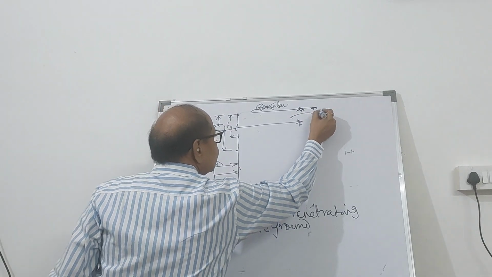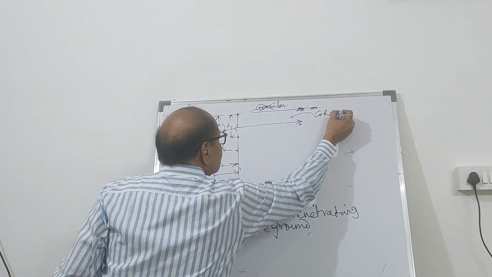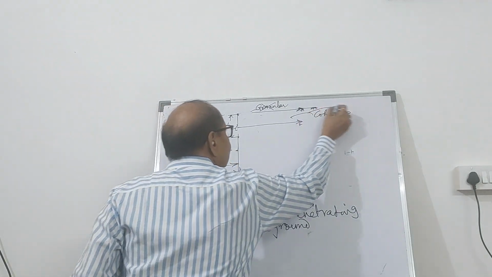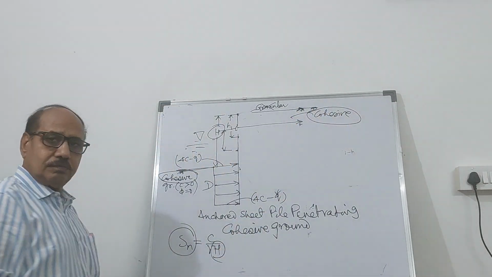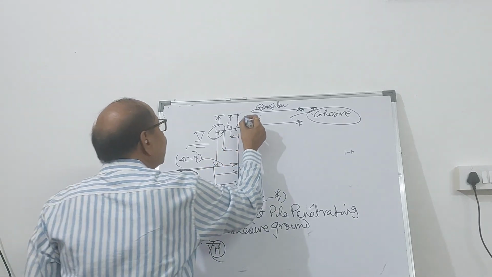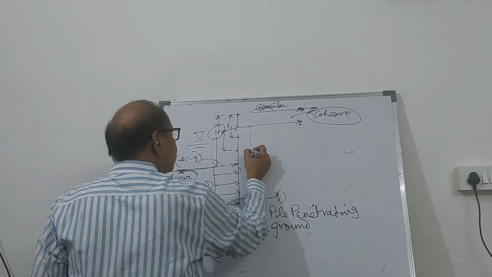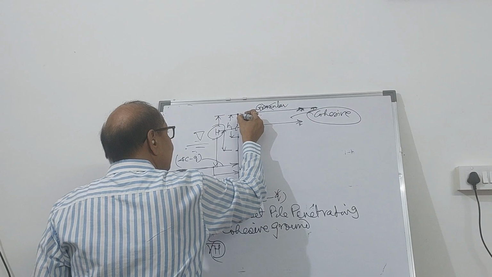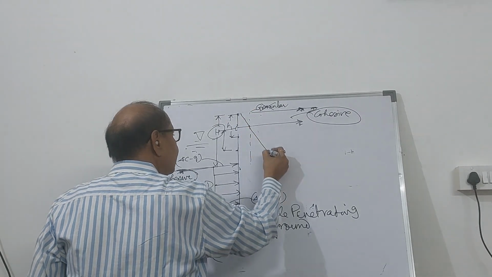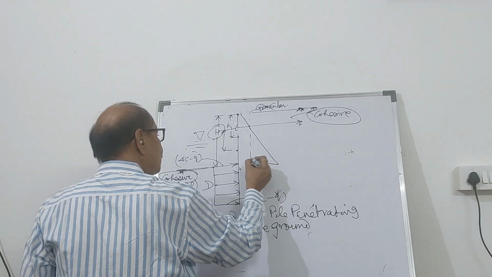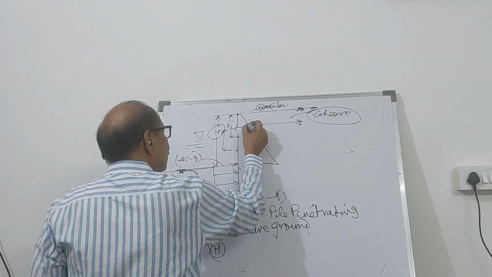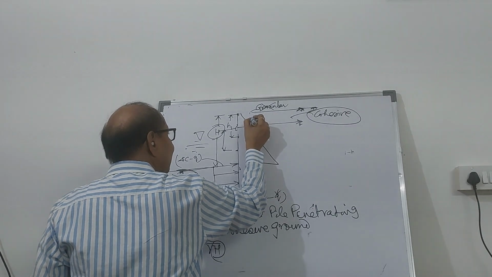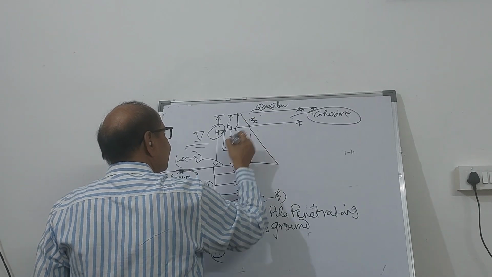This is also cohesive, and this is also cohesive. So both are cohesive. Then in that case, you know how the pressure distribution is going to change. There will be a negative pressure, and then it becomes positive, up to a certain height which is called the critical height, ZC.